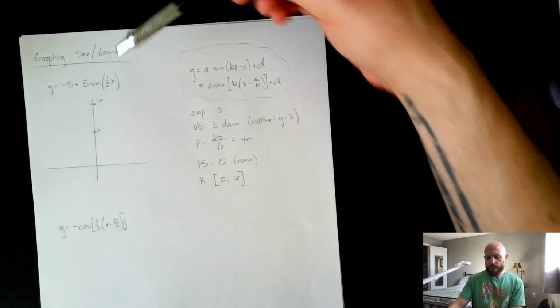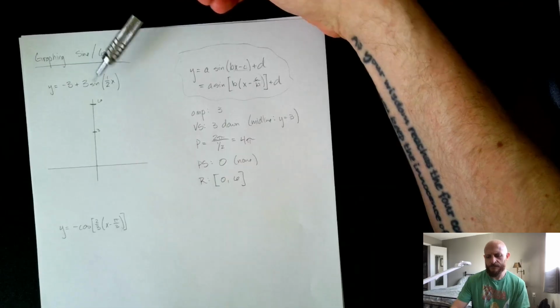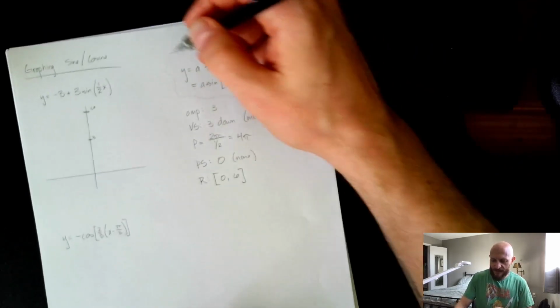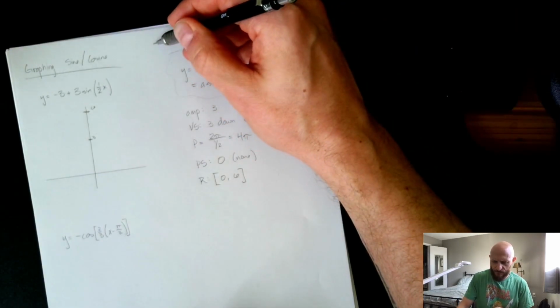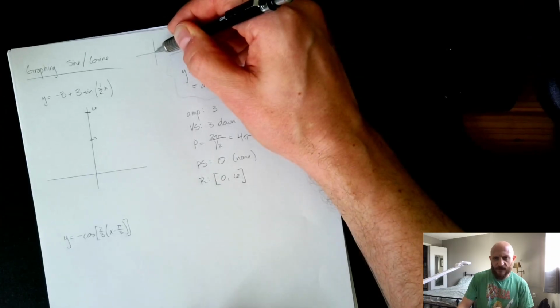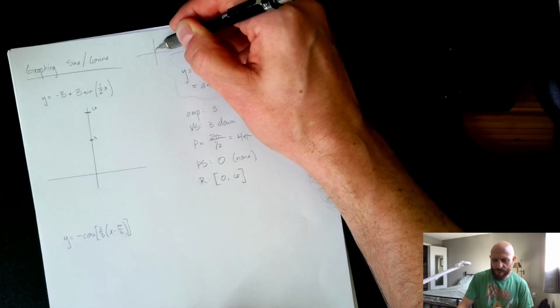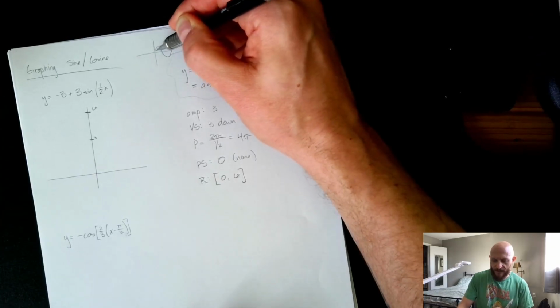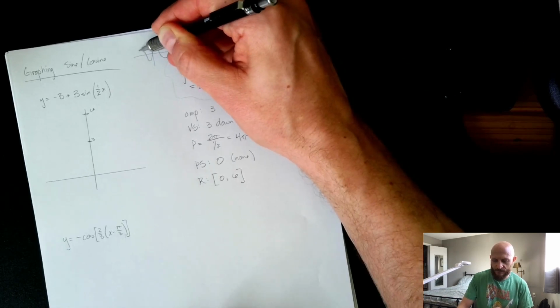Okay, so since this is a sine function, remember sine, just in general, just a really quick sketch, looks something like this. Sine comes up through the origin, like that, and it bounces around.